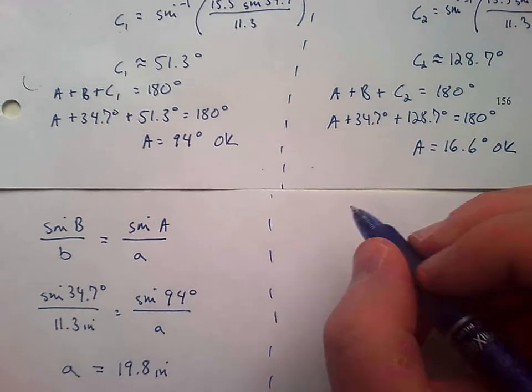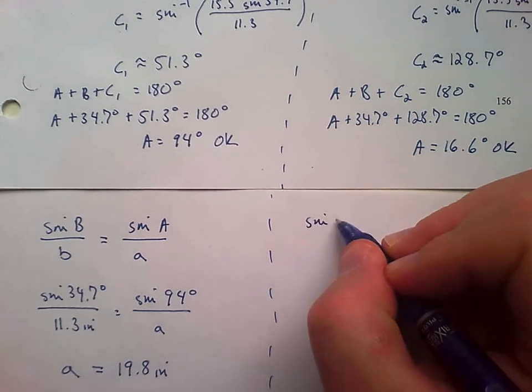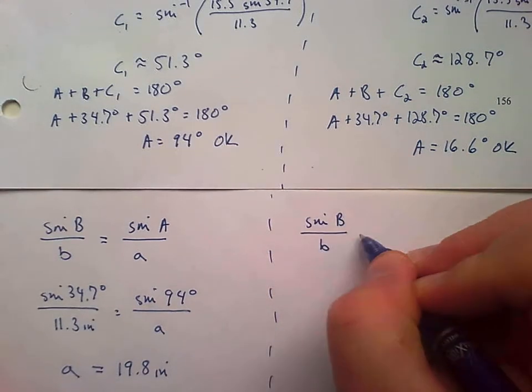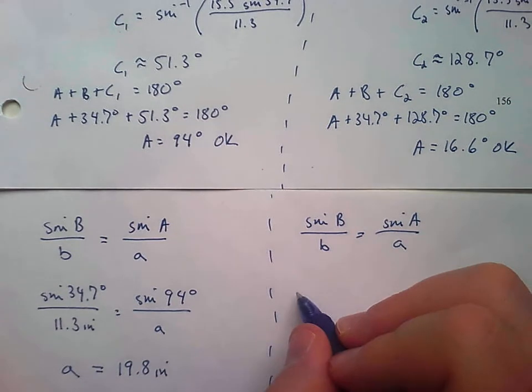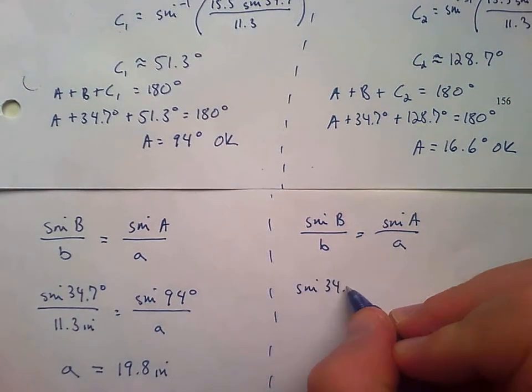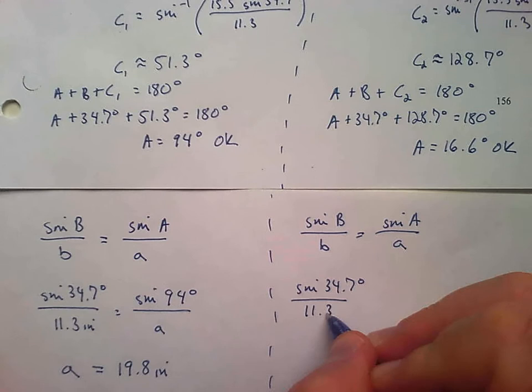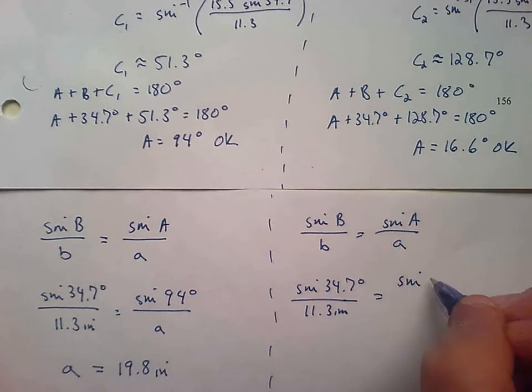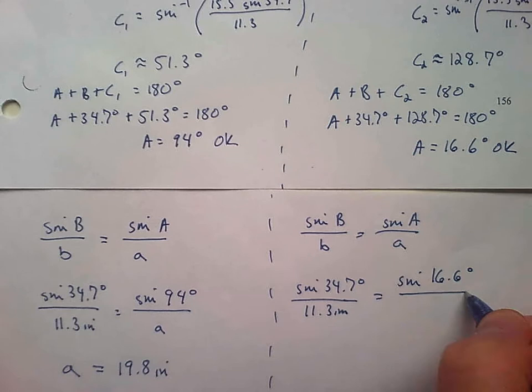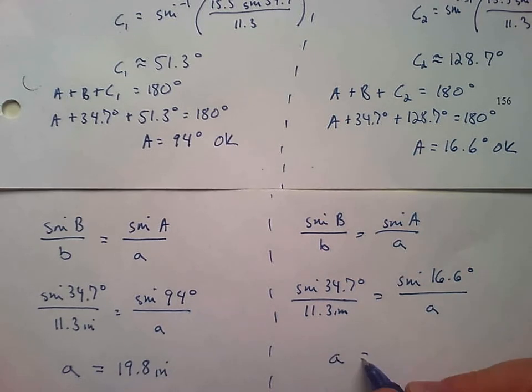If we continue with case B, then we'll have sine of B over B is equal to the sine of A over A. Again, we'll have sine of 34.7 degrees divided by 11.3 inches is equal to now the sine of 16.6 degrees over A. And if here we solve for A, this will be 5.7 inches.